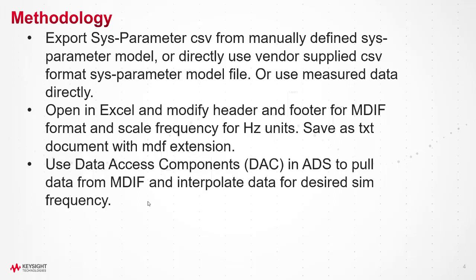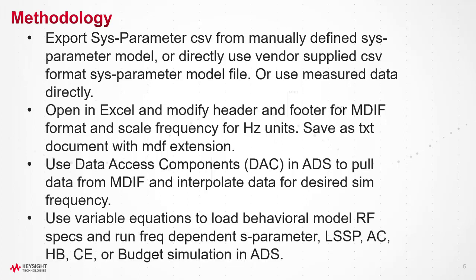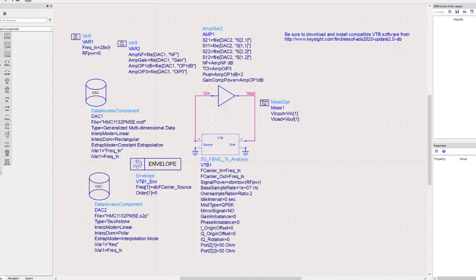We use a data access component in ADS to pull the data from the MDIF and interpolate data for the desired simulation frequency. We were then able to use variable equations to load the parameters into an RF amplifier model and run our frequency-dependent simulations.